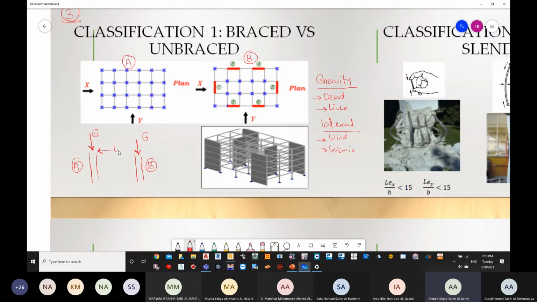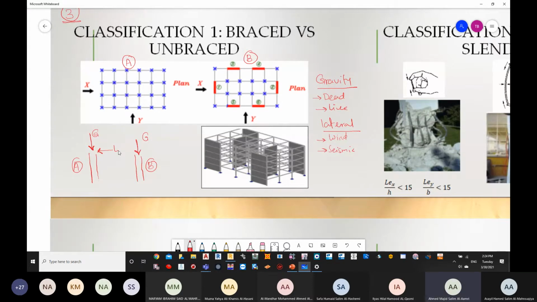In scenario B, we have shear walls available. These shear walls or core walls are going to be taking mainly the lateral loading. That's the main reason why, if we go more stories, three stories and above, you will see that you always require a lift.